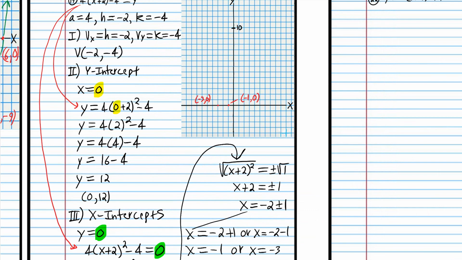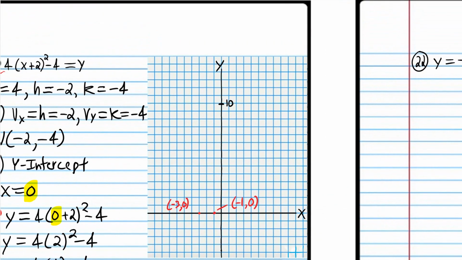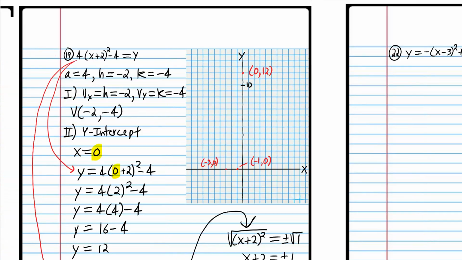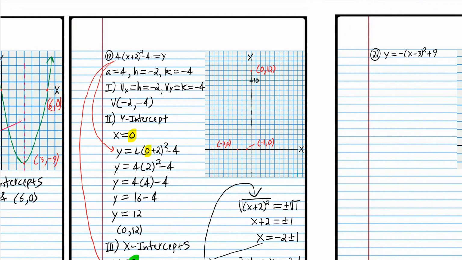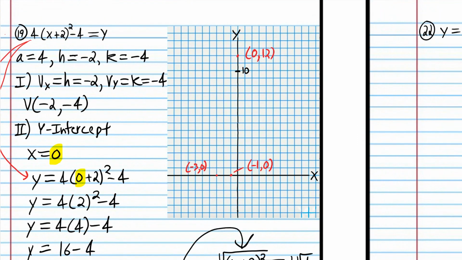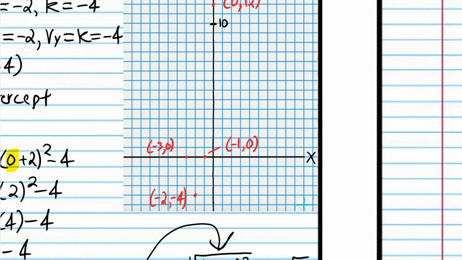And the y-intercept is (0, 12). And the vertex is (-2, -4). And now we can just connect the dots. So this is kind of a narrow parabola.